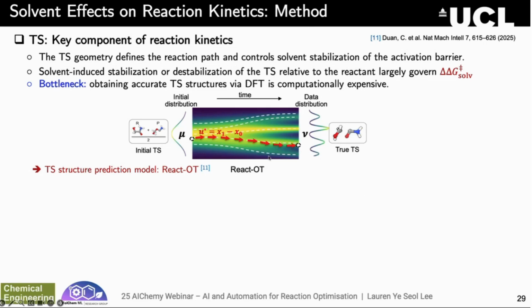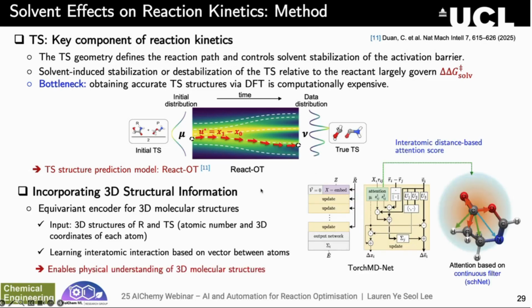And React-OT basically can generate transition state geometry from a reactant and product pair through optimal transport mapping. We then encode both the reactant and the transition states using an equivariant 3D encoder, TorchMD-Net, which directly learns interatomic interactions through distance-based attention.